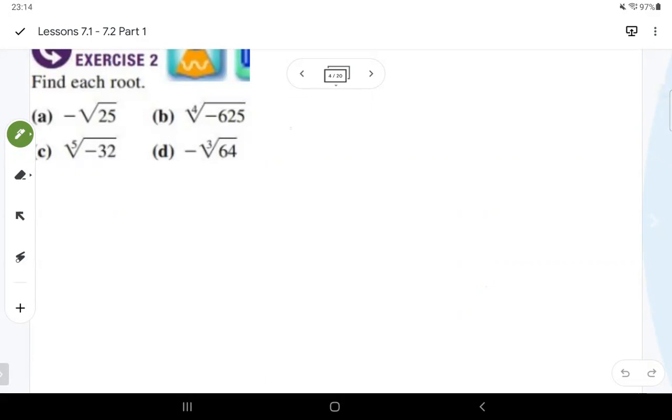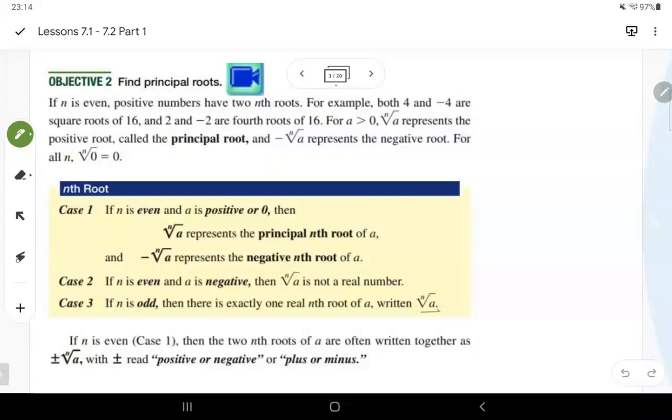So here for a, negative square root of 25. If we come back to what we were told, we are looking for n is even, a is positive. So then in the case of 1, we write it together.